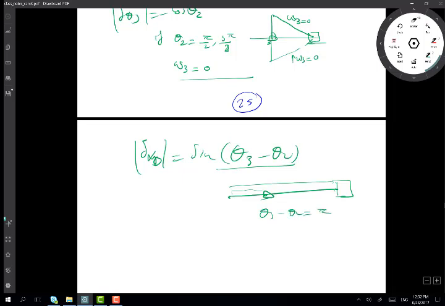The other possibility is that R2 and R3 are aligned over here, so theta 3 minus theta 2 is equal to 0, and VB is equal to 0.